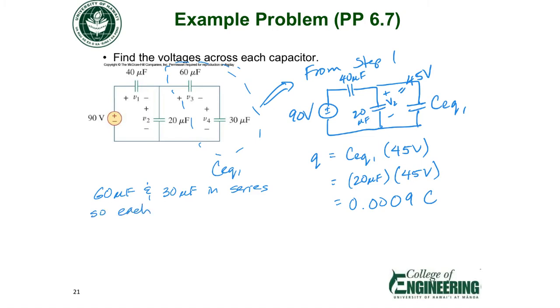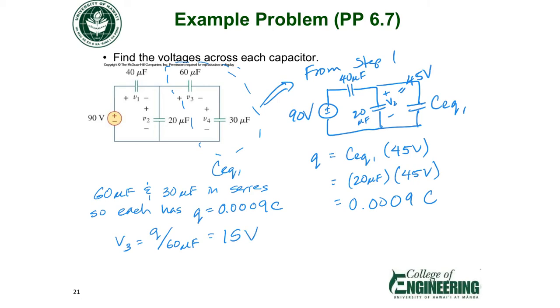So they should have the same charge across them. And so we know what the charge is going to be. To find V3, it is the charge divided by the capacitance.